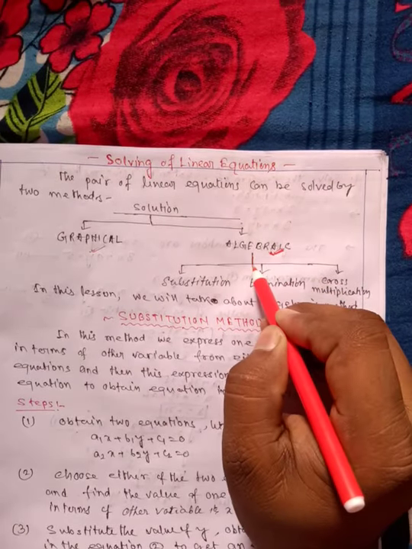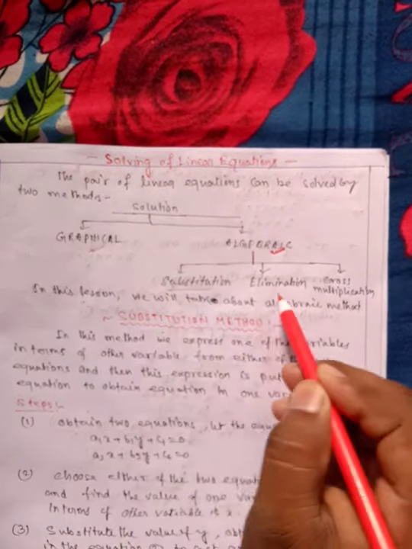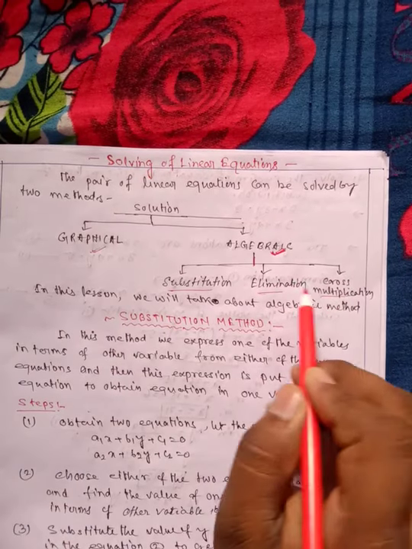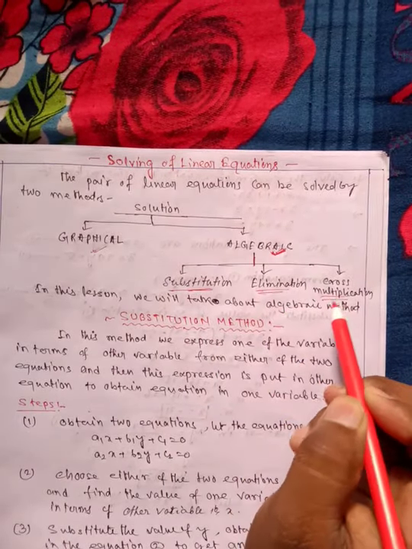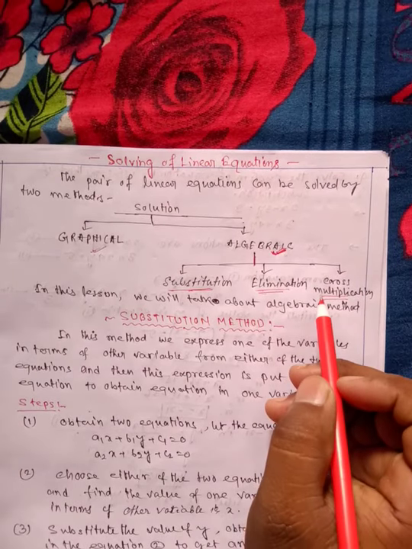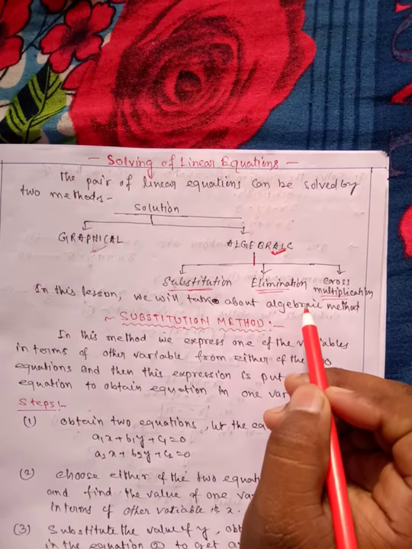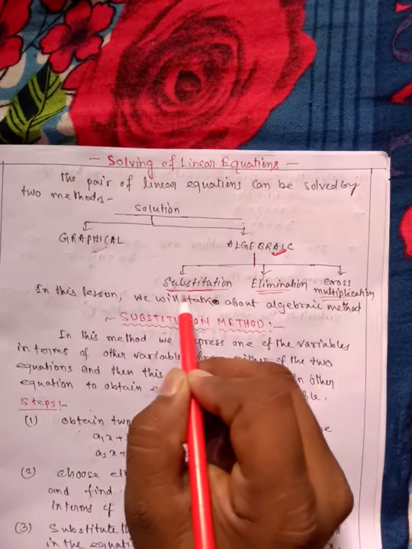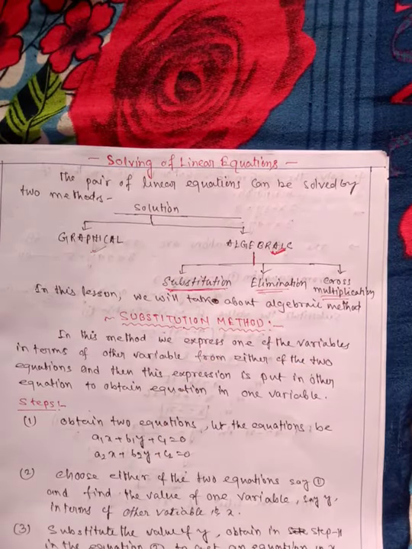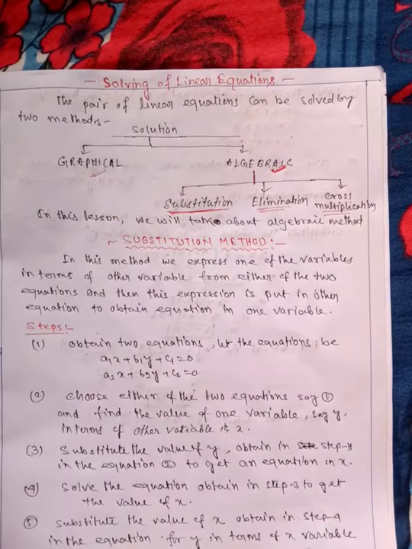In the algebraic method there are three different types of methods. First is the substitution method, then the elimination method, and the last one is the cross multiplication method. Now in this video we are going to discuss the first algebraic method. It is the substitution method. Okay, substitution method.